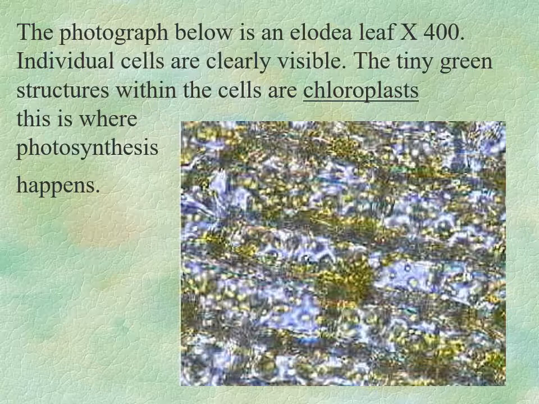Individual cells, you can see they are clearly visible, so we're going to take our highlighter or our laser pointer and kind of point one out. So right here, here's one, here's another, here's another. So we can see these different cells, and we can see inside of them the different chloroplasts, like right here.